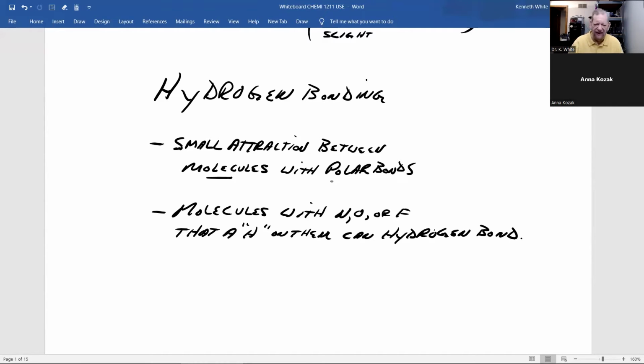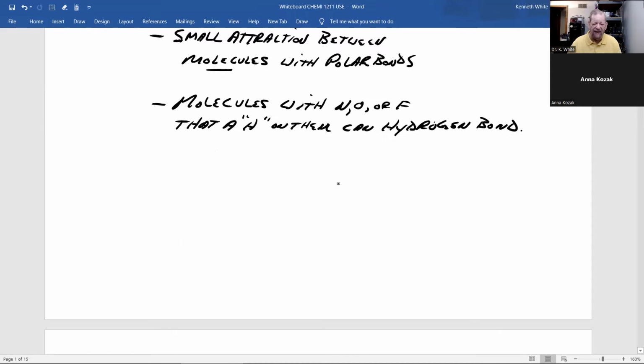So hydrogen bonds are a small attractive force between molecules with polar bonds, and molecules with nitrogen, oxygen, or fluorine that have a hydrogen on them can hydrogen bond.